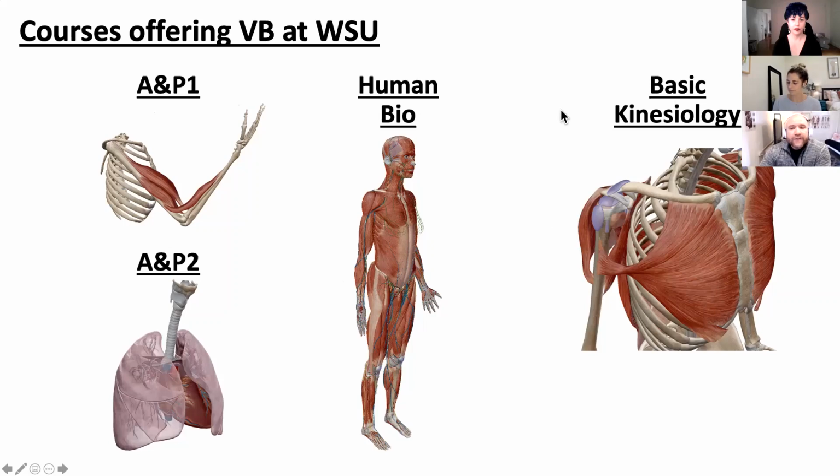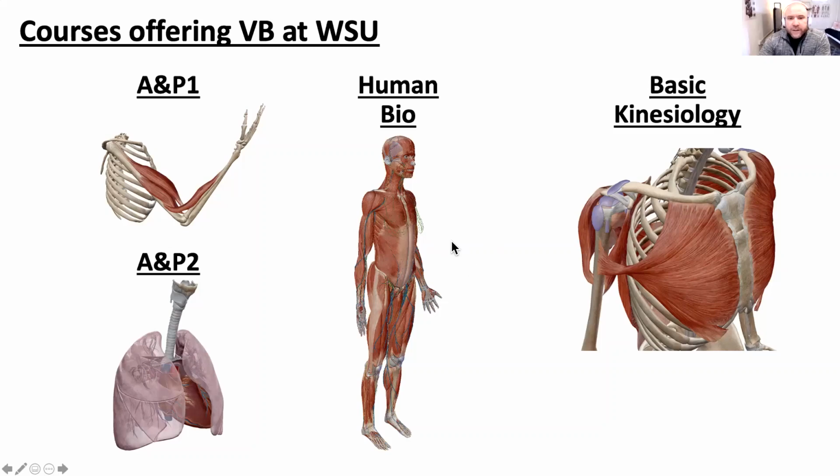And then the basic kinesiology course, which is tailored to the occupational therapy students. So this is more of a deep dive into some of the joint by joint anatomy for the OT students. Those are the courses that are currently using Visible Body.